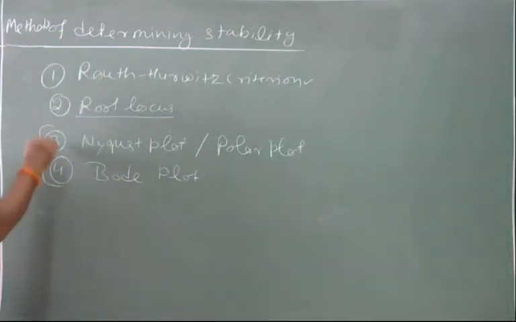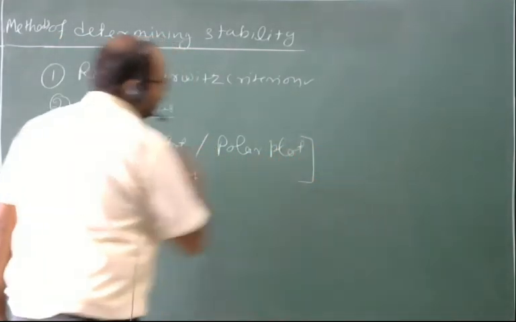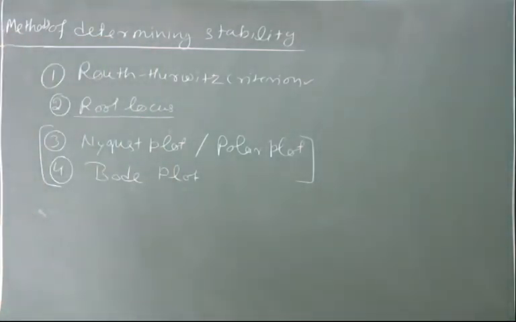These two methods for determining stability we will discuss in unit 5. And these two methods are based on the magnitude and phase angle of the open loop transfer function.